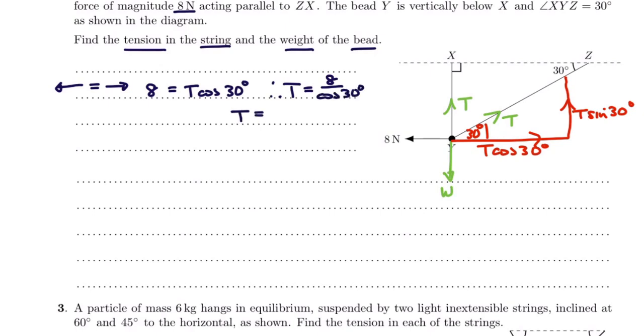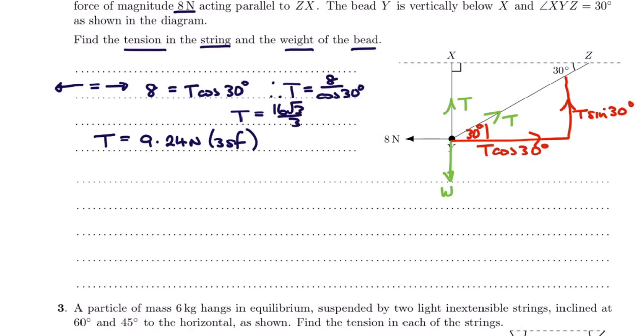Therefore T equals 16 root 3 over 3. T therefore is 9.24 newtons to 3 significant figures. And again, because I've not used g in that calculation, I can do it to 3 significant figures.